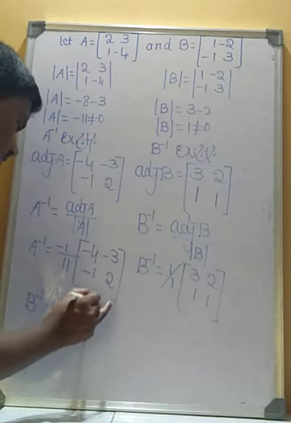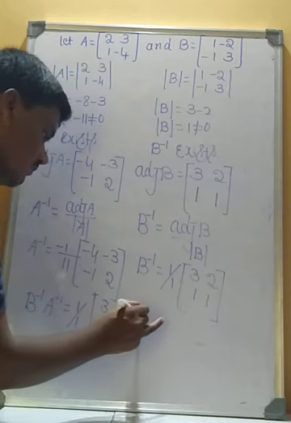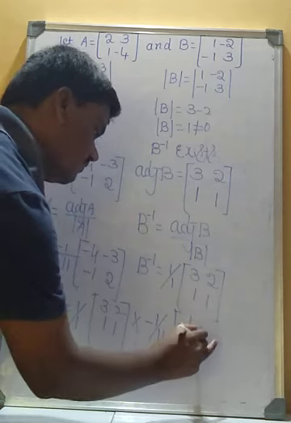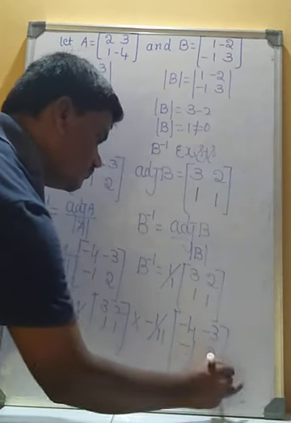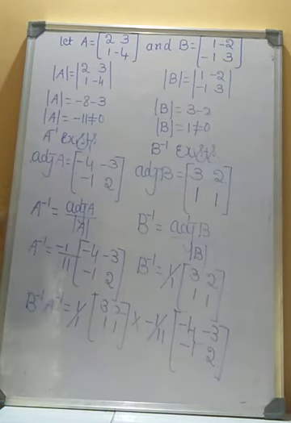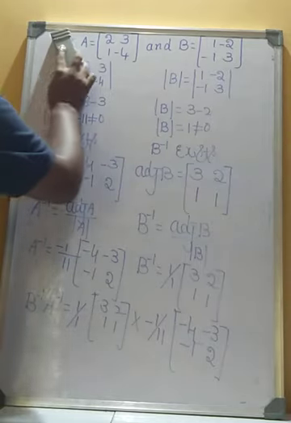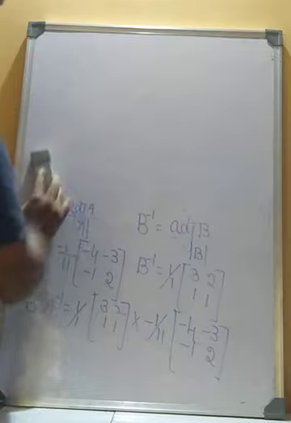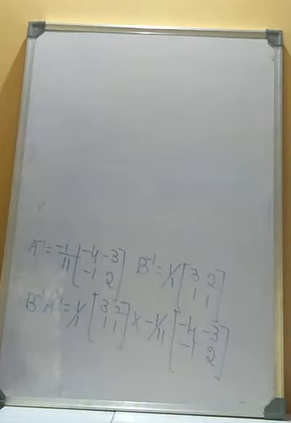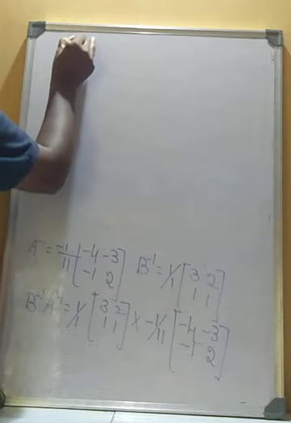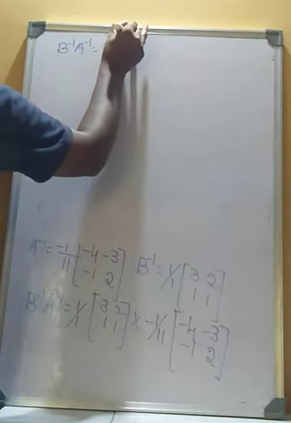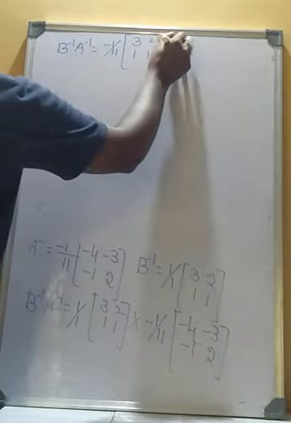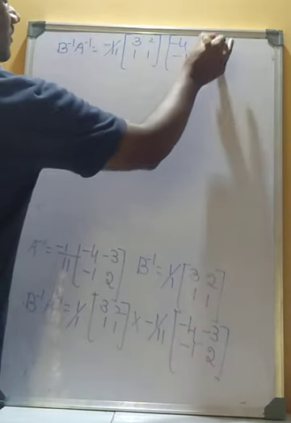The next, find B inverse into A inverse. B inverse is 1 by 1 into [3, 2; 1, 1], into A inverse, minus 1 by 11 into [-4, -3; -1, 2].